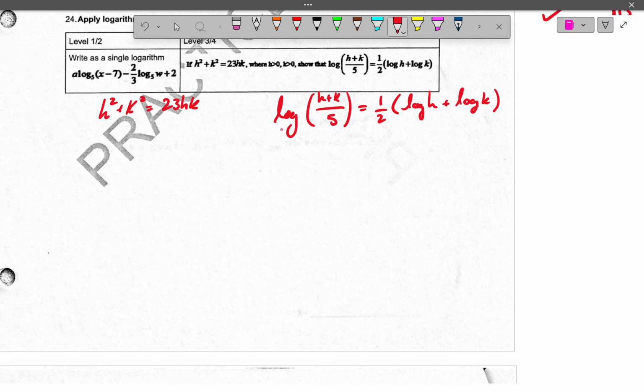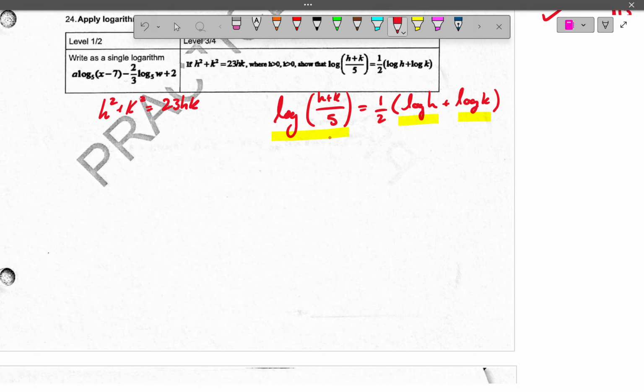So I'm going to take the left-hand side and try to show that it is equal to the right-hand side. Or you could do it the other way around, but this is just the way I'm going to do it. The first thing I notice is that on our right side I have two terms, whereas on the left I only have one.